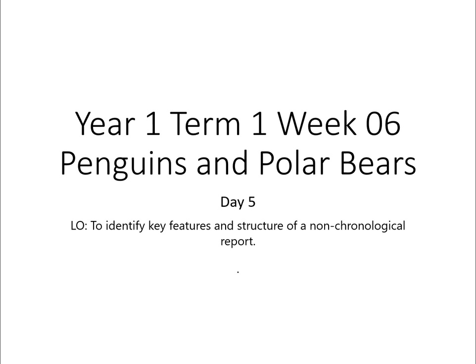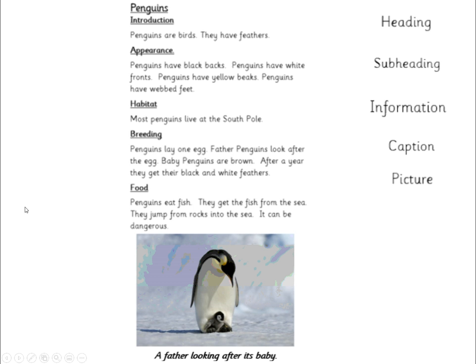Okay, so we're going to start by looking at the text we used yesterday. So we've got penguins, we've got introduction. Penguins are birds, they have feathers. Penguins have black backs, penguins have white fronts, penguins have yellow beaks, penguins have webbed feet. Then we've got habitat. Most penguins live in the South Pole. Breeding. Penguins lay one egg.